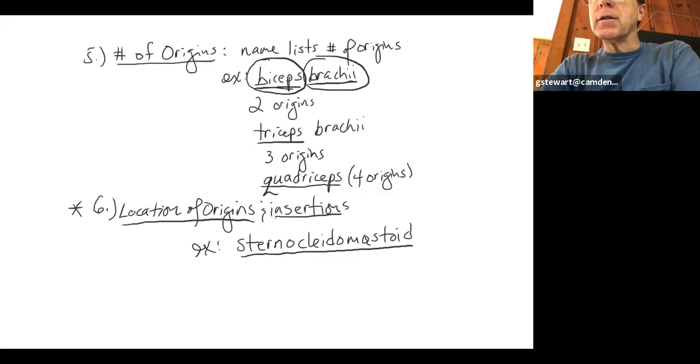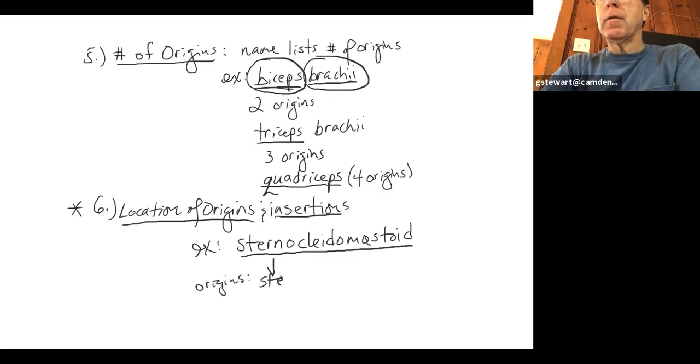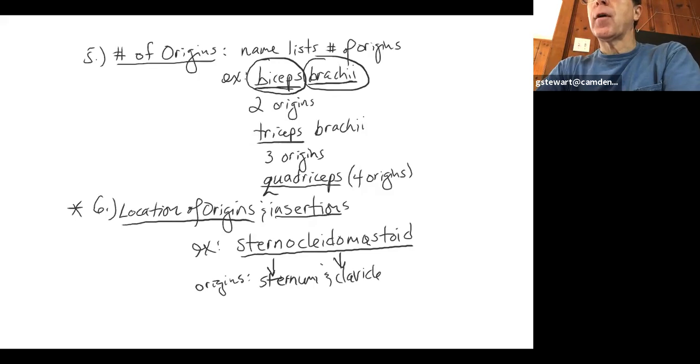Guess what? The origins of this muscle are the sternum and the clavicle. So that's where sternocleido comes from.